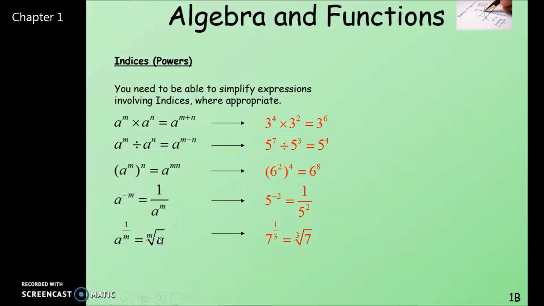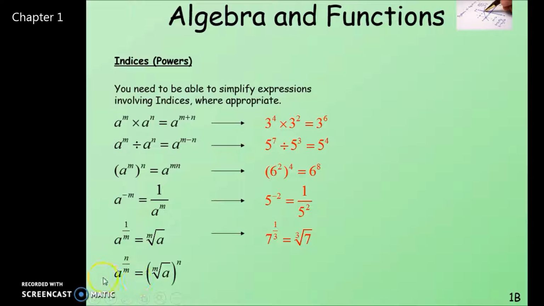Let's have a look at a numerical example. So like we said, if you've got 7 to the 1 third, then the bottom number is you take the root. So you take the cube root of 7, and then you would raise it to the power of 1, which is going to remain the cube root of 7. If you had a 2 up here, then you would square the result that you got.